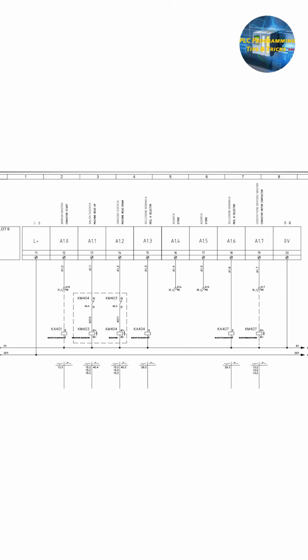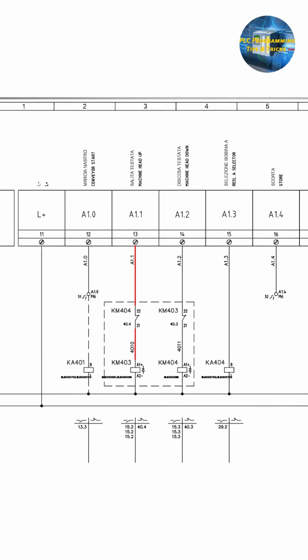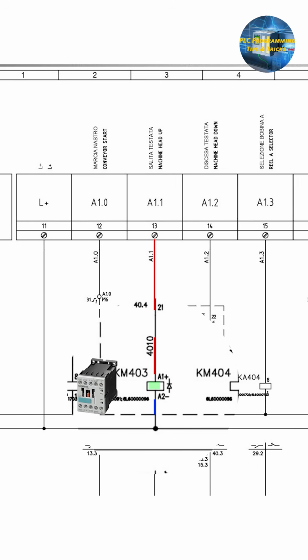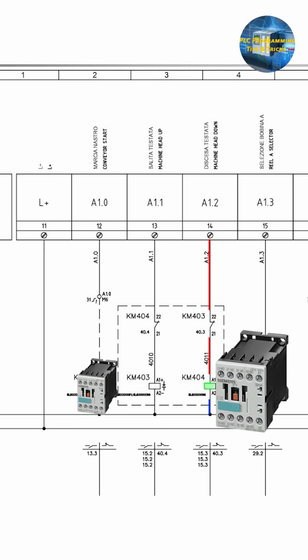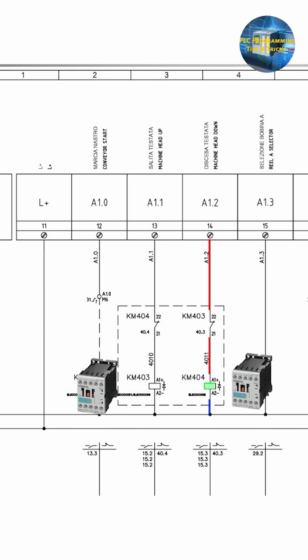The A1.1 PLC output will turn on the KM403 contactor coil through the normal close contact of the KM404 contactor. And the A1.2 PLC output will turn on the KM404 contactor coil through the normal close contact of the KM403 contactor.